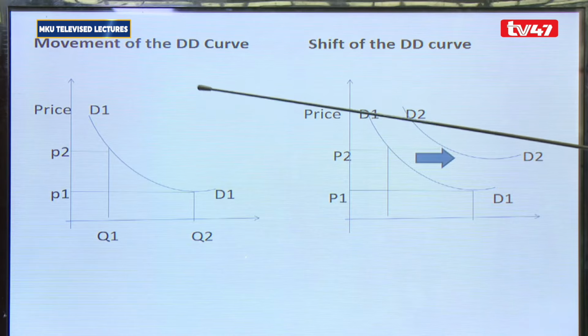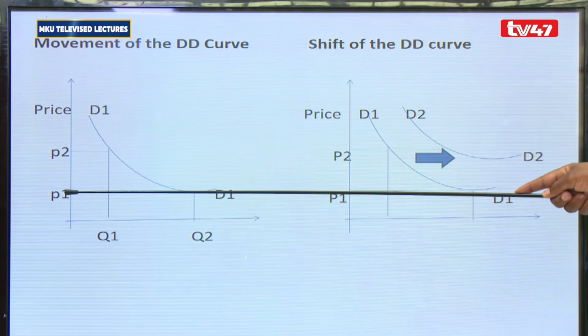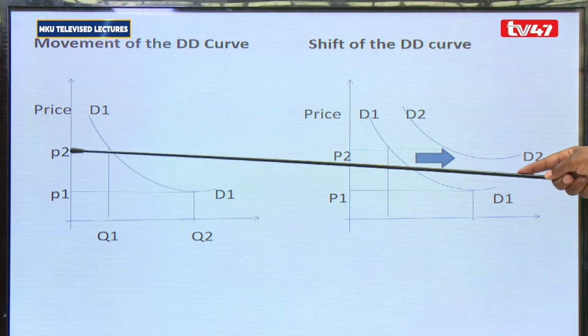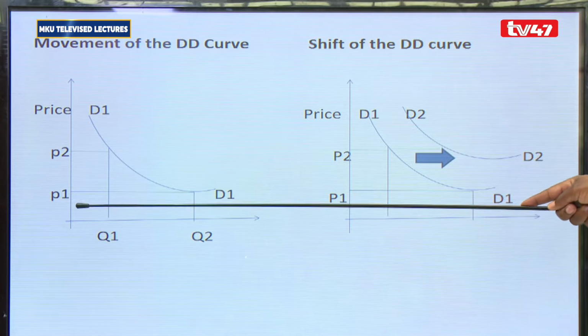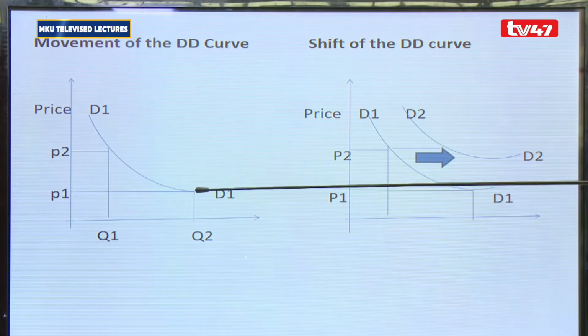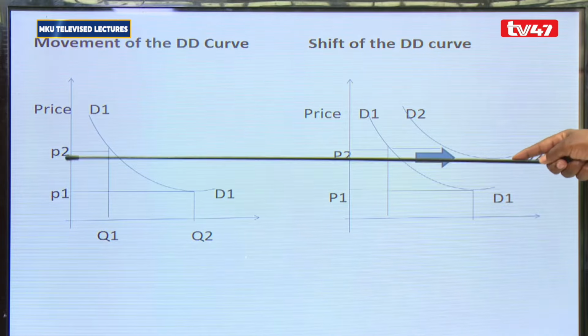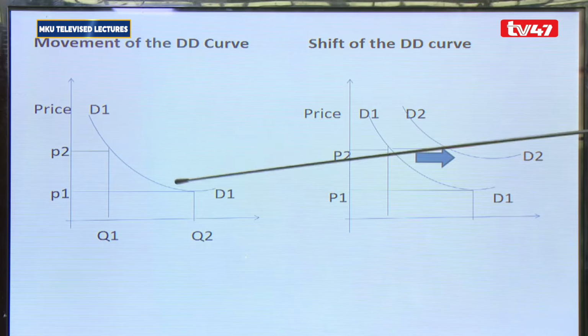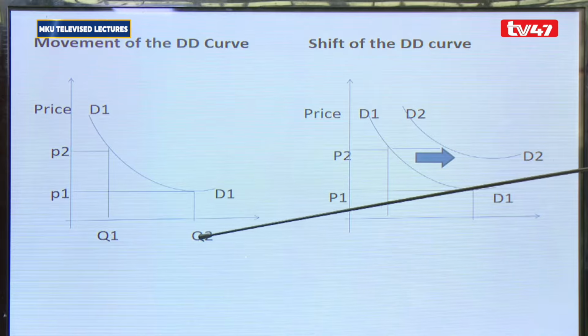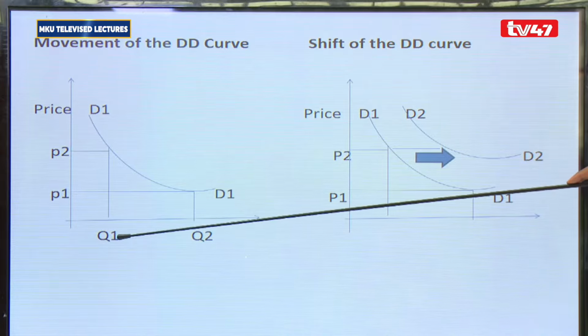The movement, when the price changes from price 1 to price 2, at price 1, the quantity demanded is at this point here. But when the price changes from P1 to P2, the demand changes from Q2 to Q1 because it is a decrease, and vice versa.